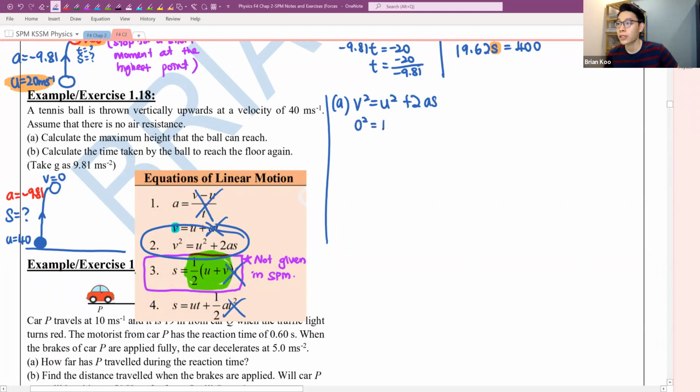U is 40. A is negative 9.81. S is just S.